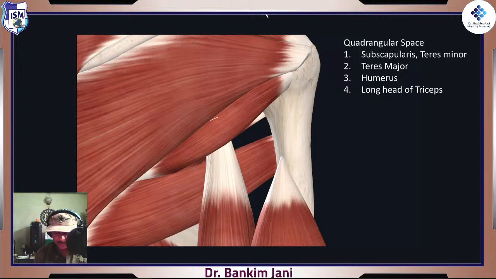This would be like, say, teres minor. This would be teres major, right? And these are the lateral and long head of triceps. And that's how, say, quadrangular space, triangular interval, and the triangular space, right?